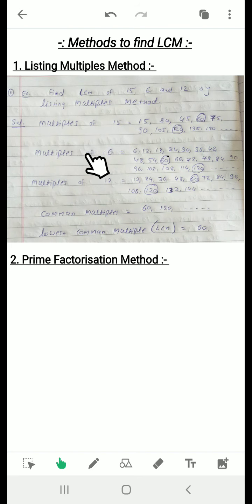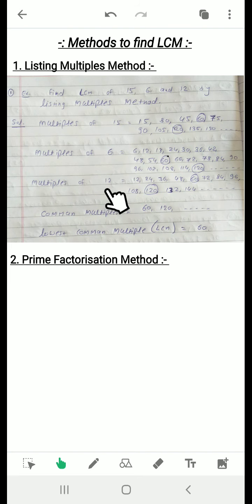Okay, similarly multiples of 6: 6, 12, 18, 24, 30, 36, 42, 48, 54, 60, 66, 72, 78, 84, 90, 96, and like that it will go on. I have written up to 120 and then we can write many more also.